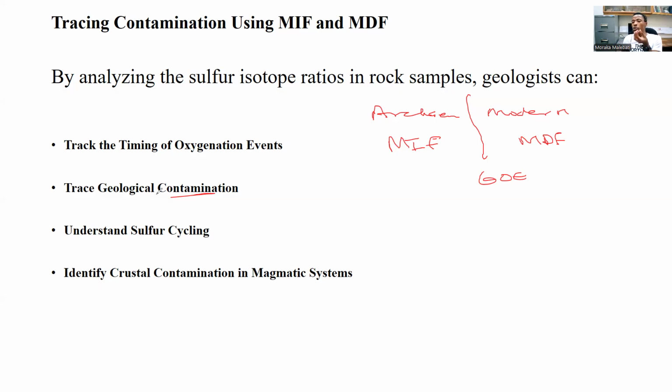Geologists studying these systems use sulfur isotopes to detect such crustal contamination, which provides insight into magma evolution and the role of sediment assimilation, usually for mineralization. So I hope it makes sense.